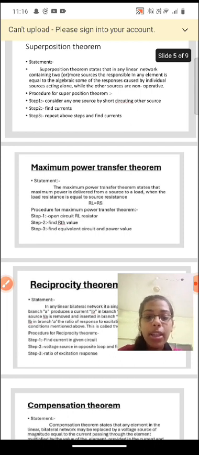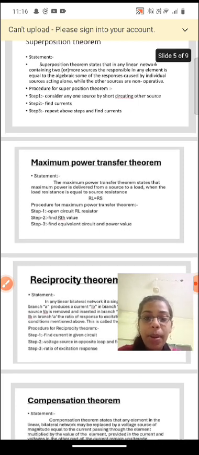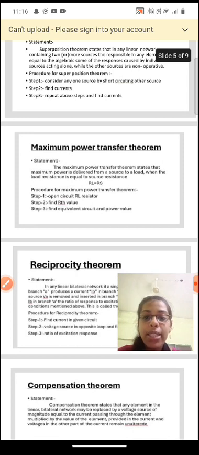It has RL equals RS. The procedure for maximum power transfer theorem has three steps. Step 1, open circuit the RL resistor. Step 2, find RTH value. Step 3, find equivalent circuit and power value.